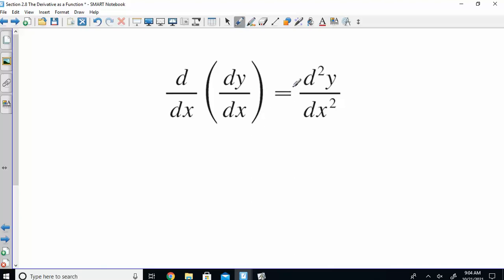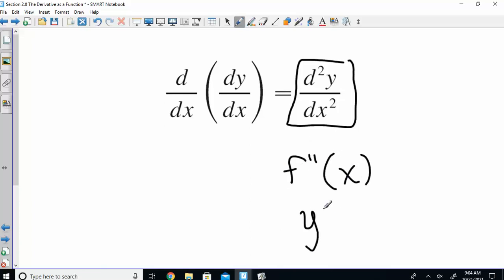Notation-wise, when you want a second derivative, they usually write it like this: d squared y over dx squared. That's just notation for second derivative. I will typically do f double prime or y double prime, so most often I'll use one of the second two notations there. All of those are just saying do your derivative 2 times.